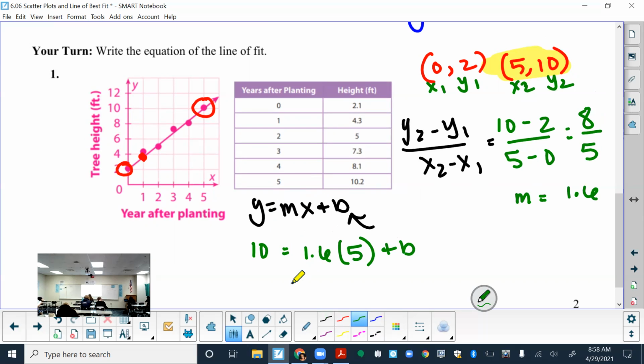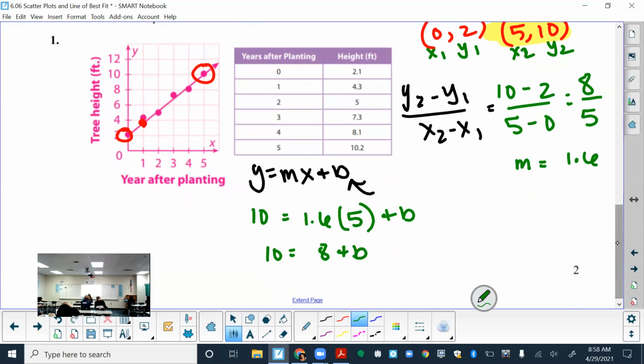All right, and then simplify. 1.6 times 5 is 8 plus b. How do I get the b by itself? I need to eliminate that positive 8. How can I eliminate it? Subtract it by 8.